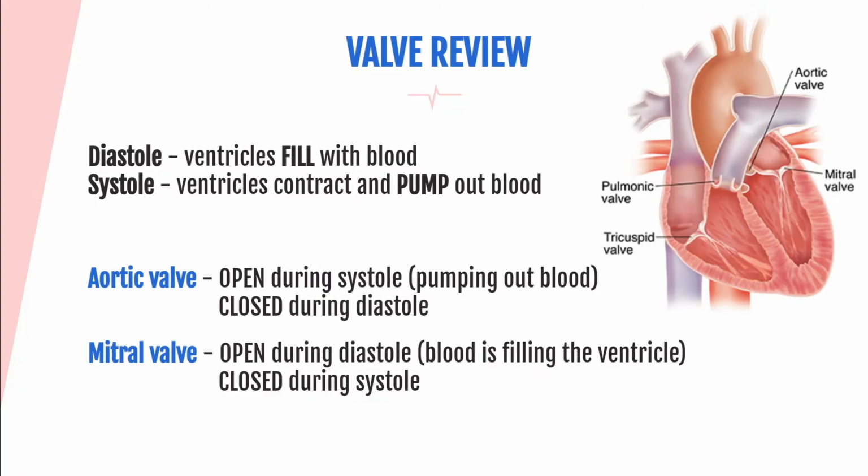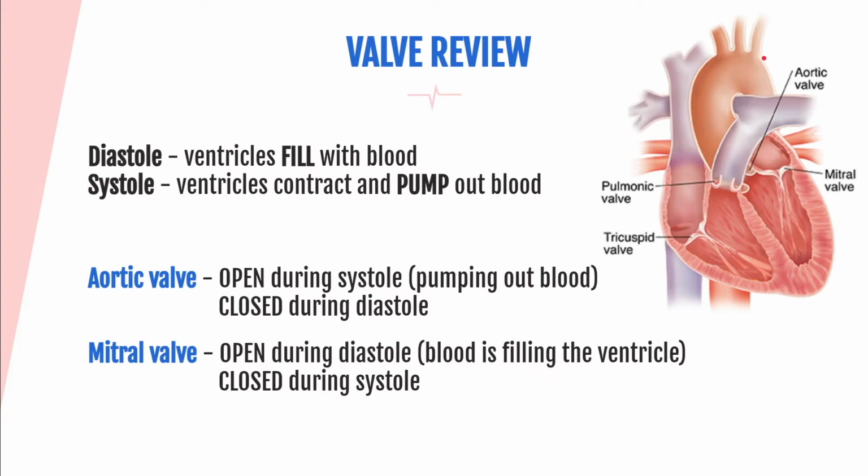So when we are pumping out blood, it would make sense that our aortic valve would be open, right? So that blood can pump out of this left ventricle into the aorta and out to the rest of the body. Well, if we know that the aortic valve is open during systole, then it must be closed during diastole.